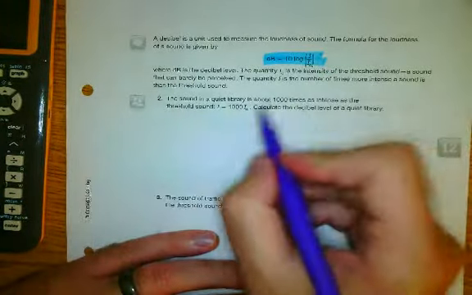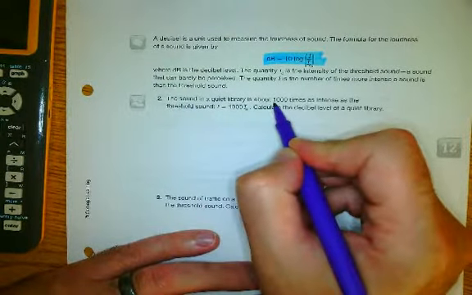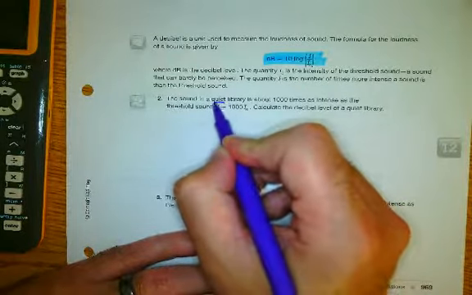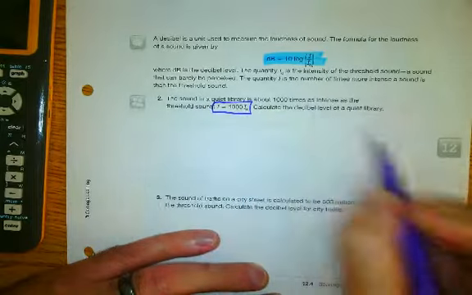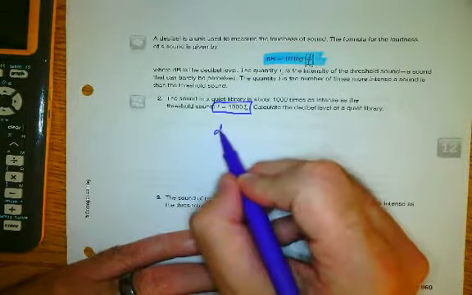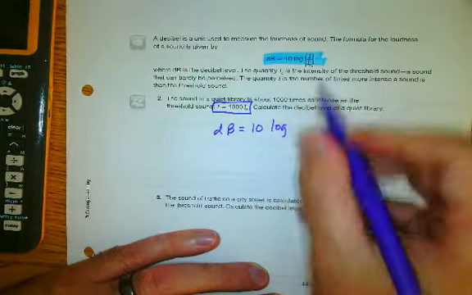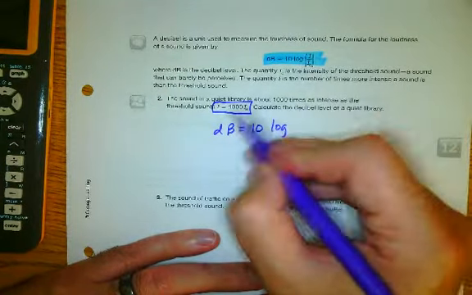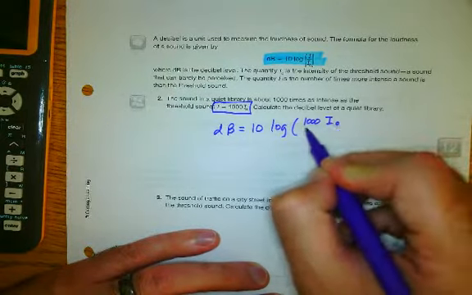What we're going to do is type in some things here. It says the sound in a quiet library is 1,000 times as intense as the threshold. In other words, they're saying I is the same answer as 1,000 I naughts. So how could we rewrite this? This looks really weird, and it sounds kind of like a foreign language. But all we're going to do is say that I is that number.